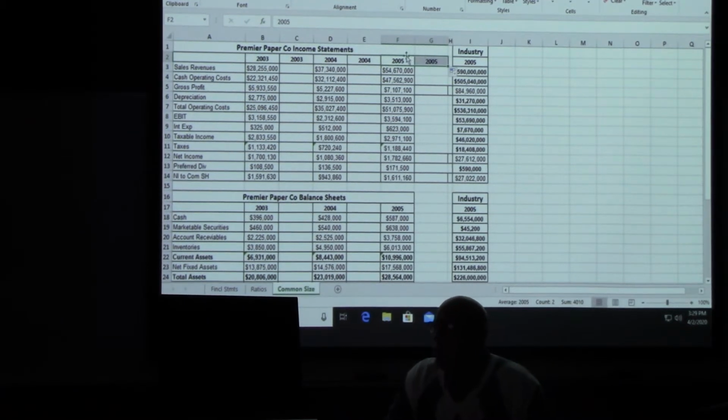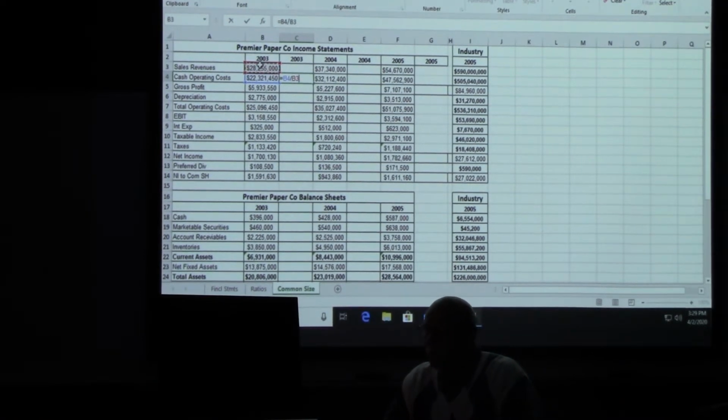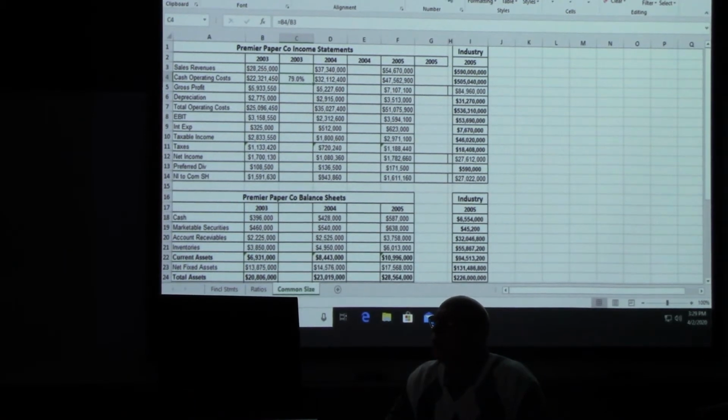All right, now let us divide each item into sales, equals that divided into sales. And we're going to call it a percentage and take it out a couple of spots there.